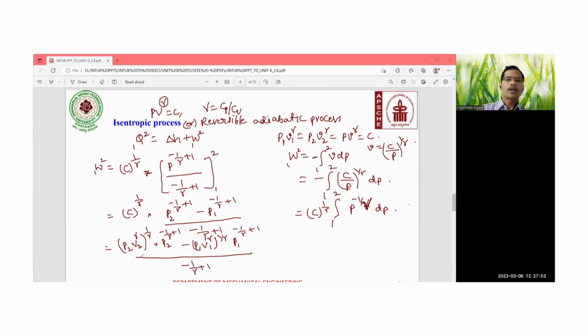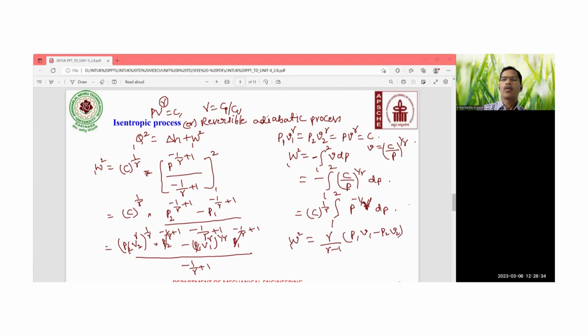Now certain things are going to be cancelled: P2 to the power of 1 by gamma with this one, and P1 to the power of 1 by gamma with this P1. So finally, when you solve, you get gamma by gamma minus 1 into P1 V1 minus P2 V2.